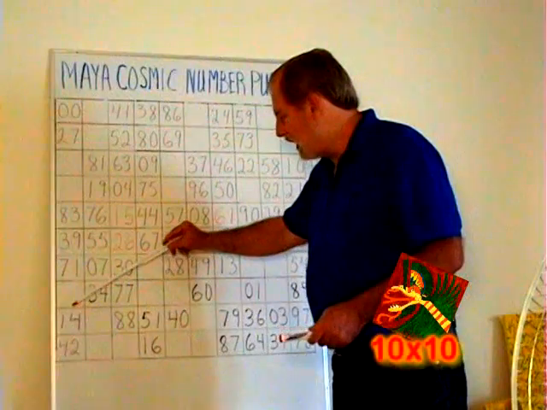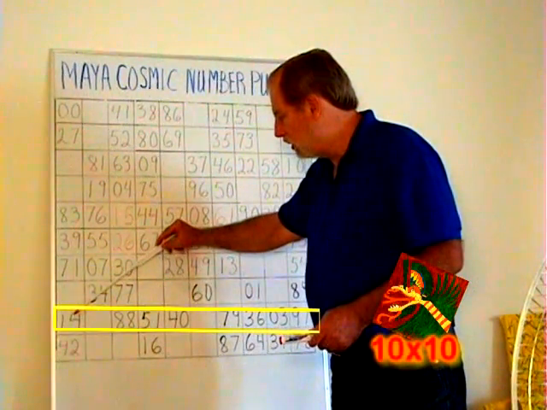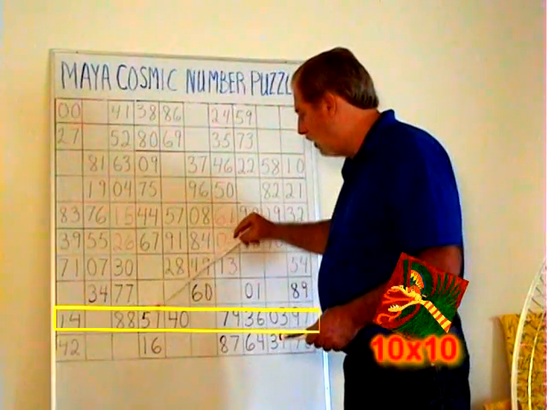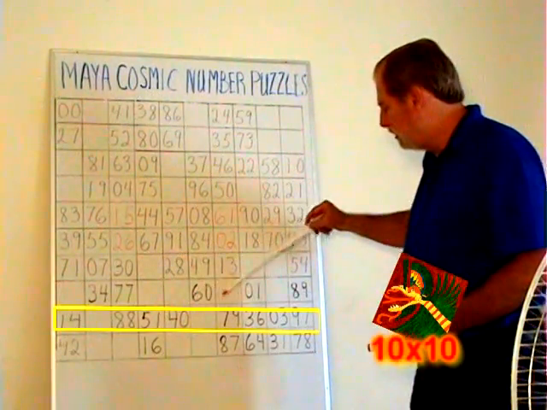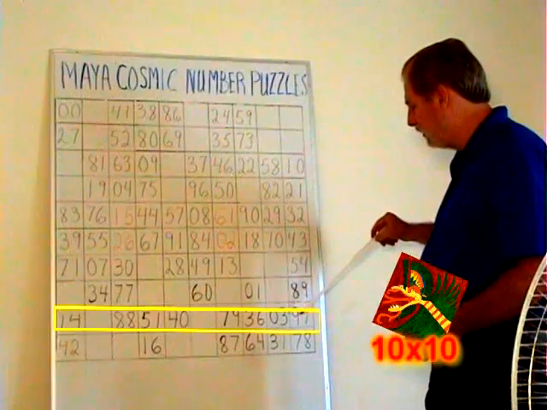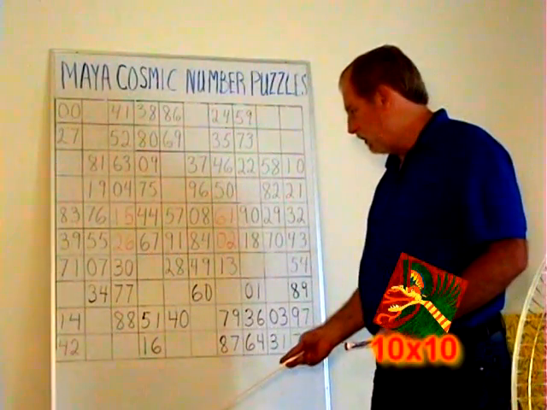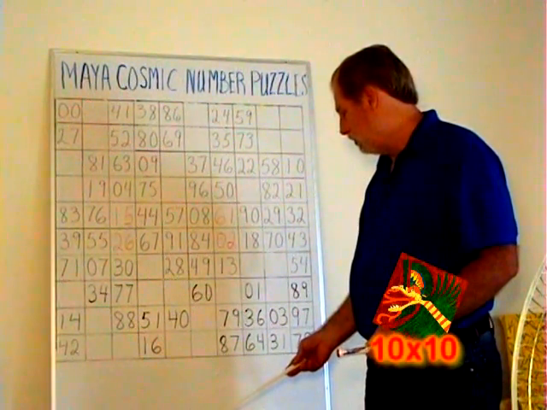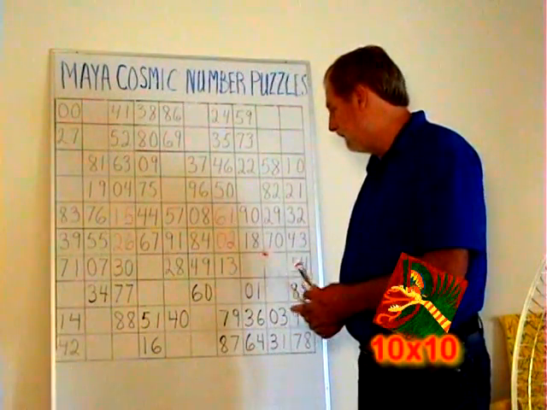The right side numbers are a 4, an 8, a 1, a 0, a 9, 6, 3, and 7. That means we are missing a 2 and a 5.